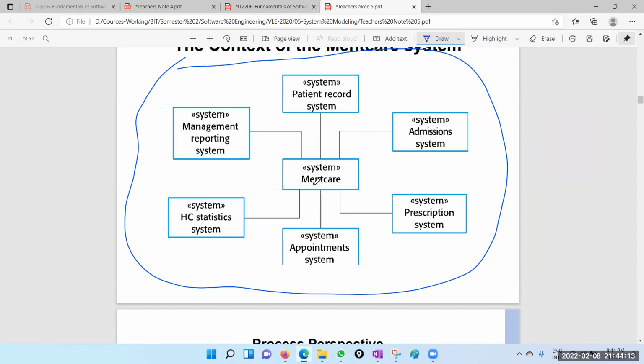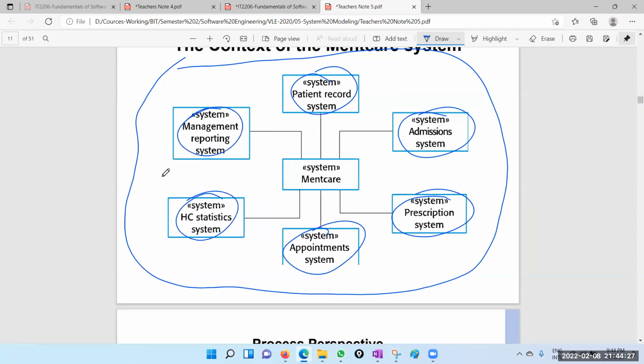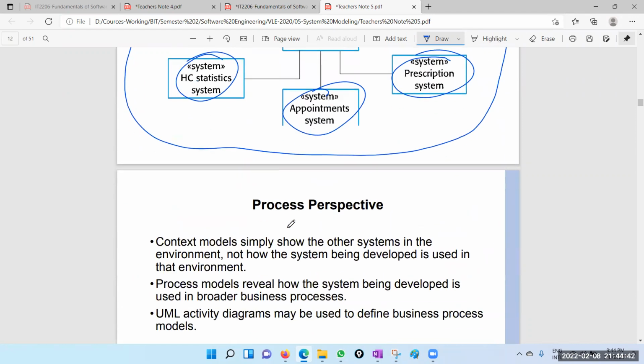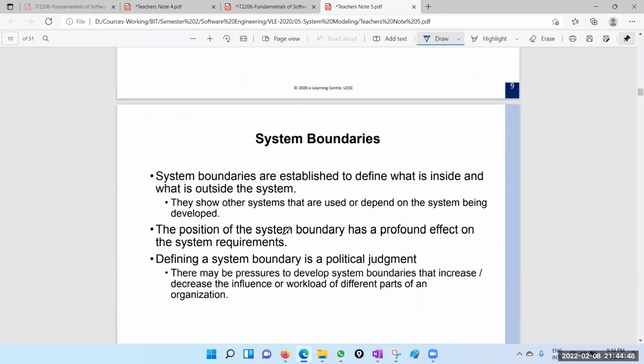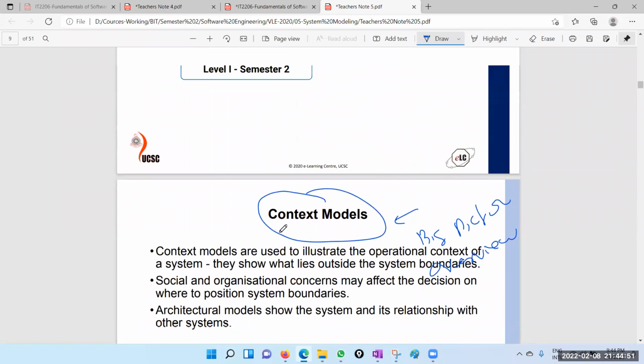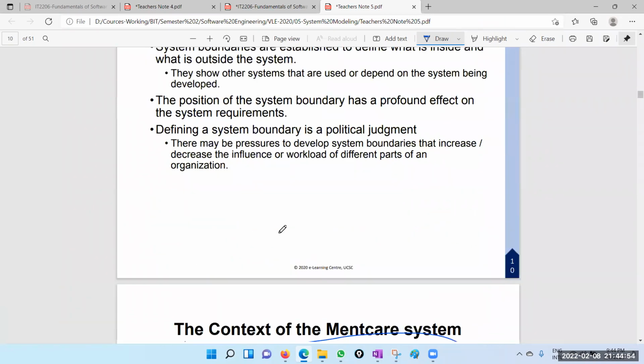Say this health management system that they mentioned in the previous slides also: patient record management, admission management, prescription management, appointment management, statistics, and reporting module, management report. This gives you the overview. These are the functionalities, and anything outside them is not covered, so that is out of our scope. That is context models, with the system boundary.